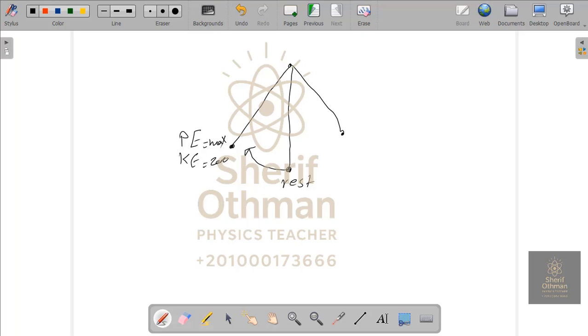By leaving this pendulum to move down and be dropped, its potential energy decreases as its height decreases and the kinetic energy increases to reach the starting point. At this point, which we call the starting point or rest point or even origin point, the kinetic energy is the maximum while the potential energy is almost zero.